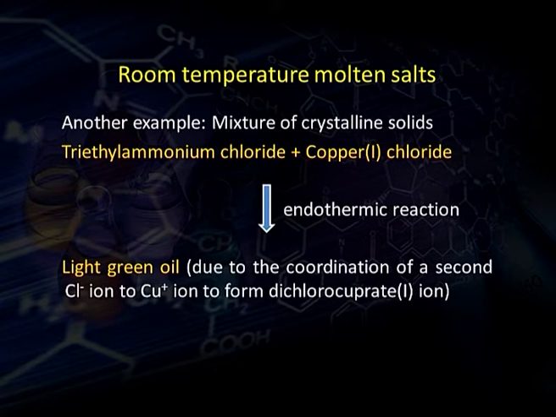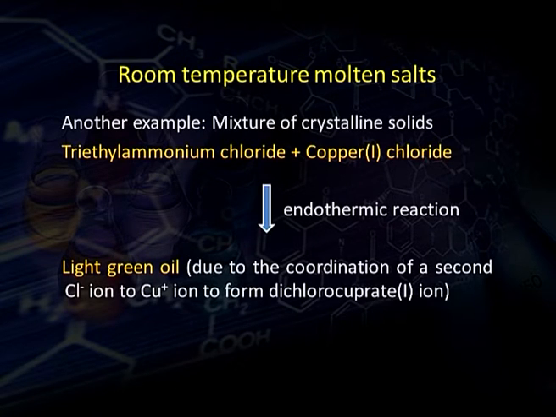Another example: we have a mixture of crystalline solids, triethylammonium chloride plus copper(I) chloride. When these two react together, an endothermic reaction takes place. That means we have to give heat to this reaction and it gives a light green oil, a product which is light green in color and oily in nature.